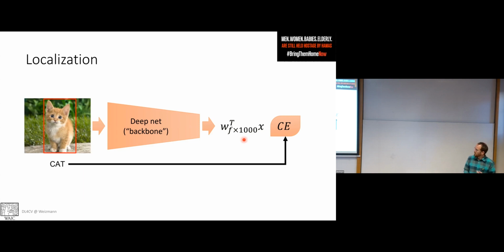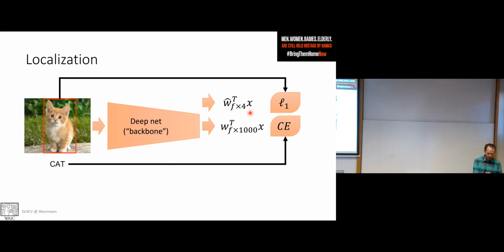But if we want to predict the position of the object, we don't need to train a new neural network to do that. We can use the same backbone, the same features, because they already know something about the image. So we can take the same output features and predict 4 values, which are the corners, or the center and the size of the bounding box. A bounding box requires 4 parameters, so we'll predict them.